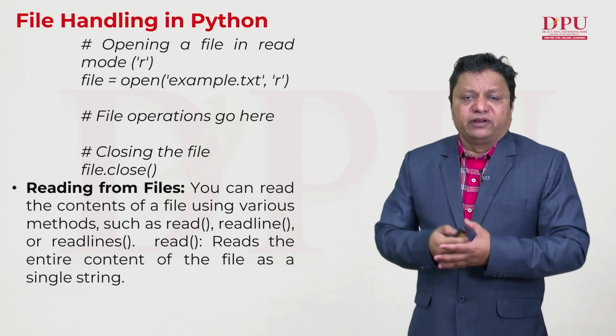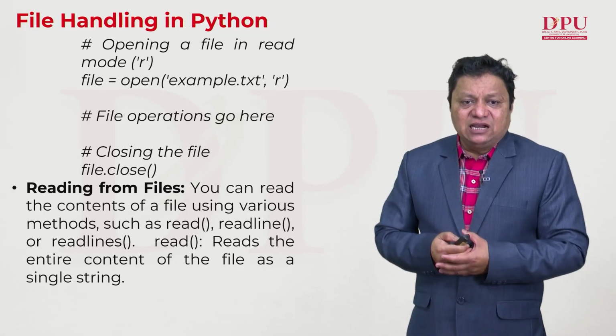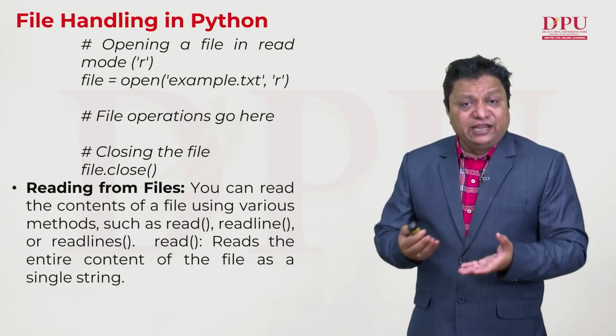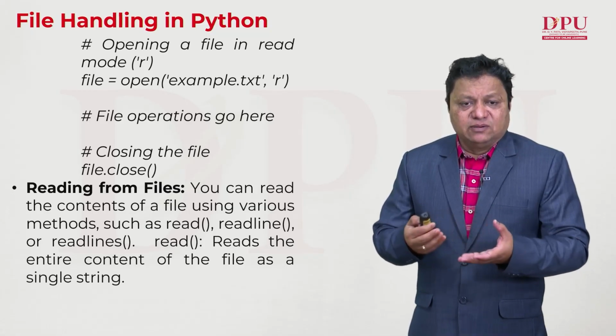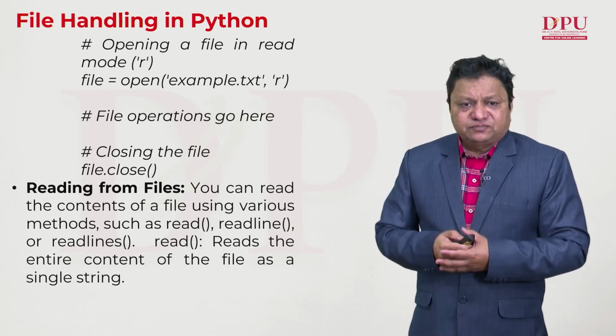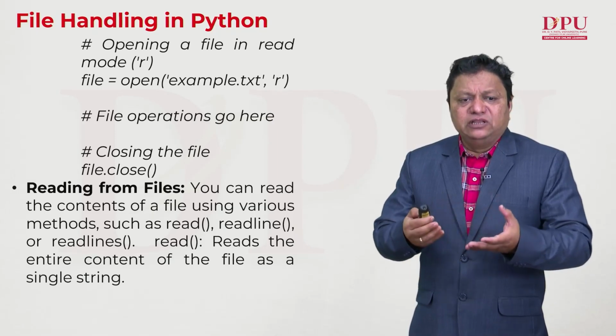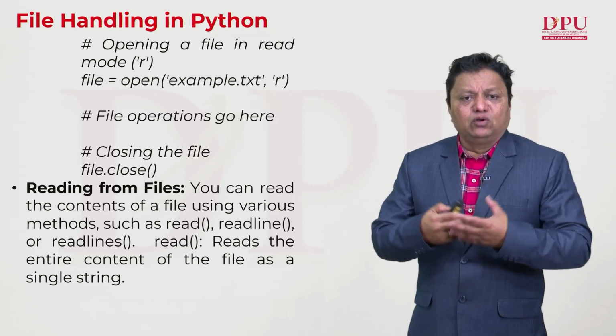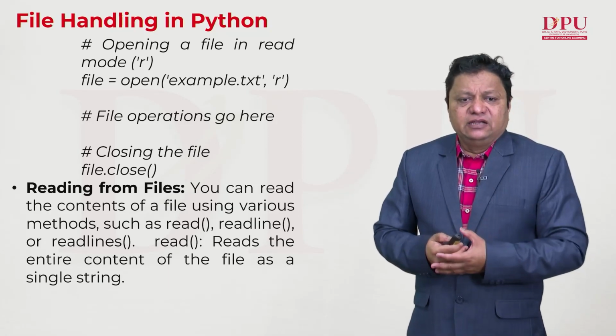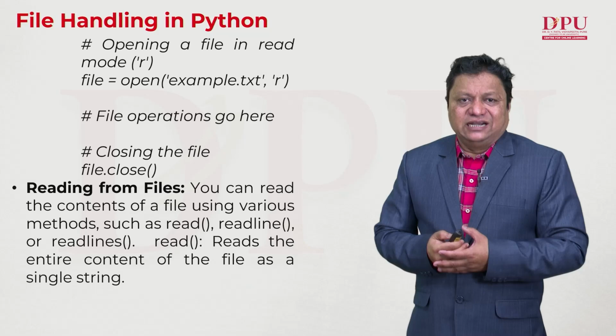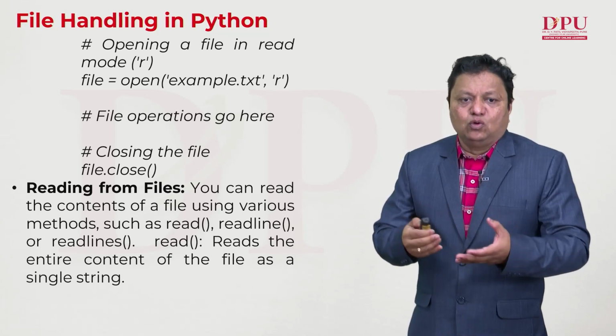If you want to open for reading, use r. If you want to open it for writing, use w as a mode. If you want to close the file, just specify the file object, that is file.close().